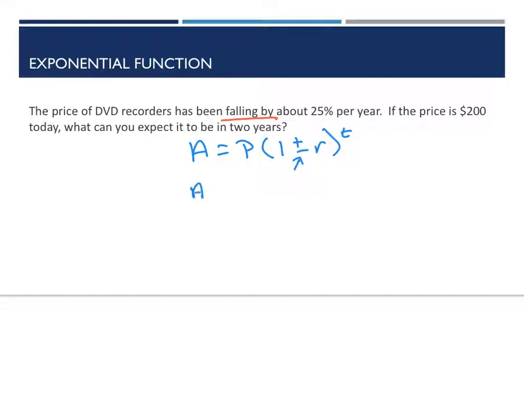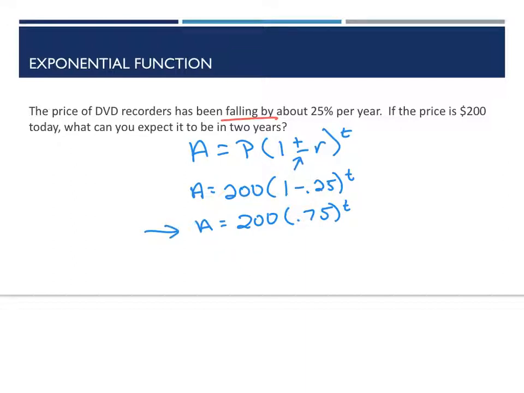So if the price starts out at $200, and it's falling by 25%, that's 1 minus 0.25. Which again, hopefully you would never dream of leaving that way. 1 minus 0.25 is 0.75. That's the function.